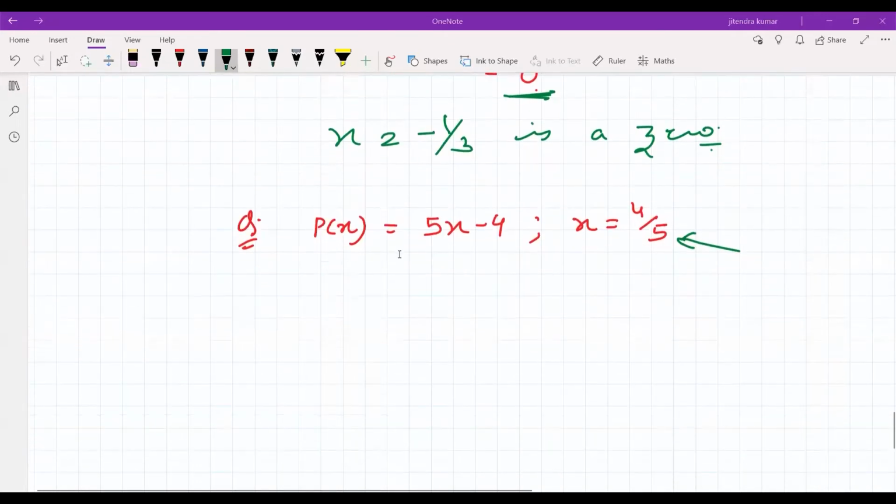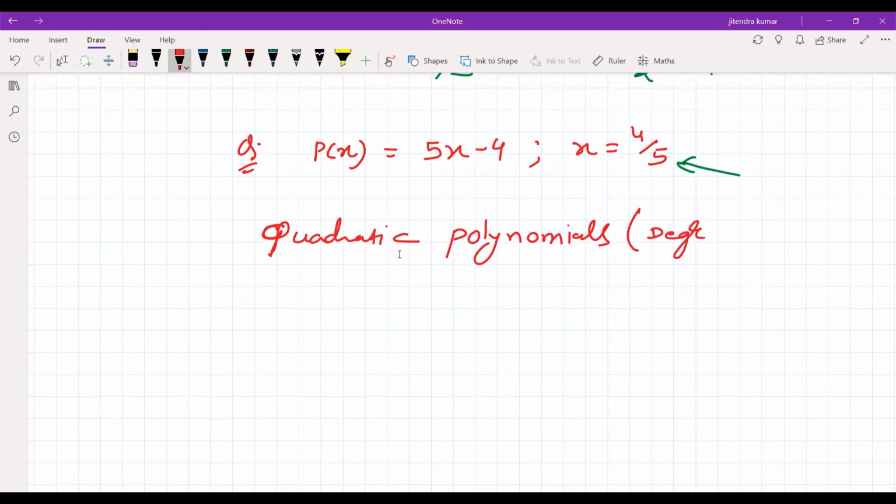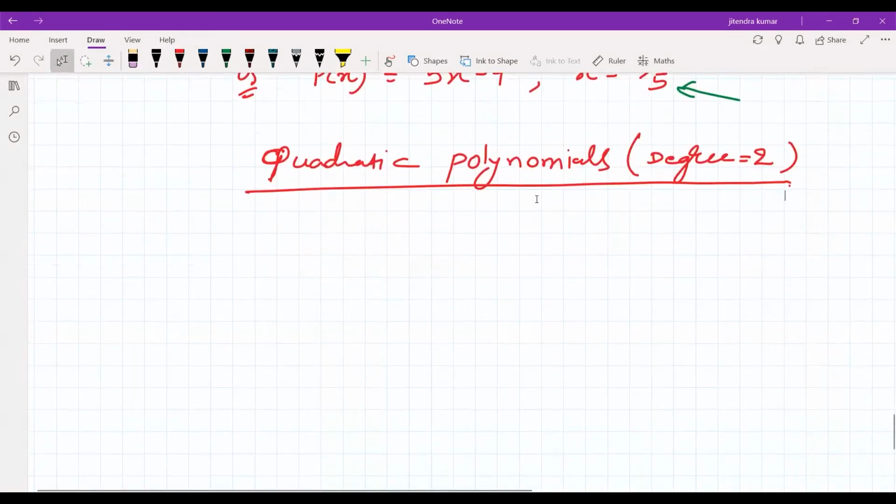Okay, so now the second type of question we can have is the quadratic type, where the degree will be 2. I think all of you already know this type of question, so let me explain it again.